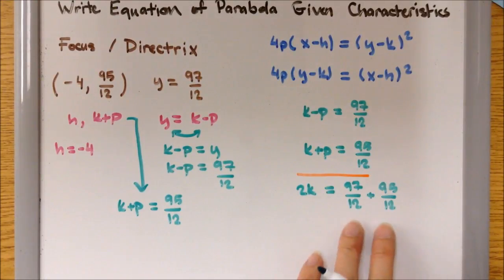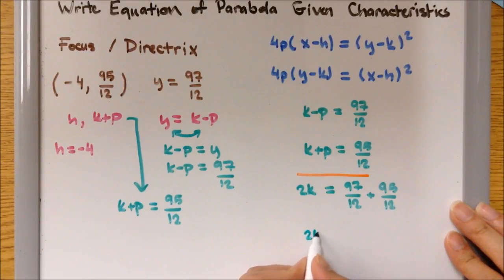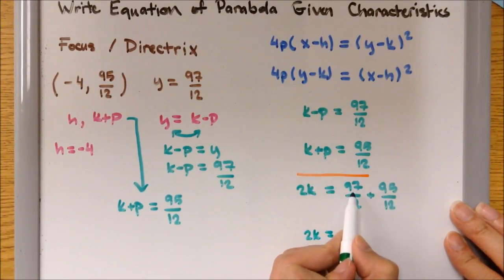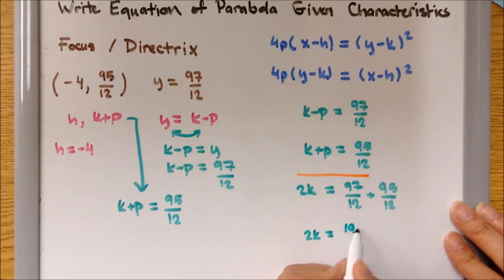Because they have a common denominator, it will be 2k equal to 97 plus 95, that's going to be 192 divided by 12.